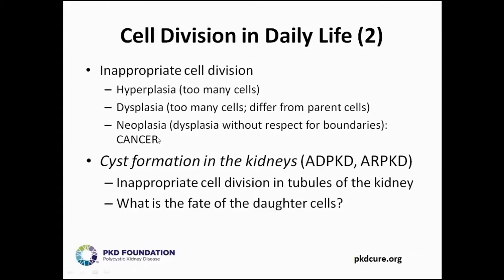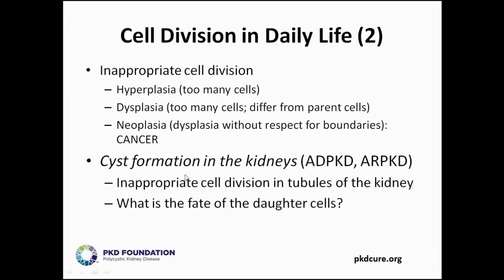But in cancer, generally, these dysplastic cells lose their respect for boundaries and they head out into the bloodstream and populate other tissues.